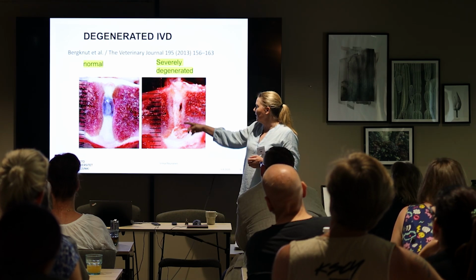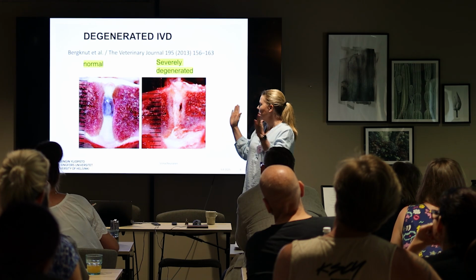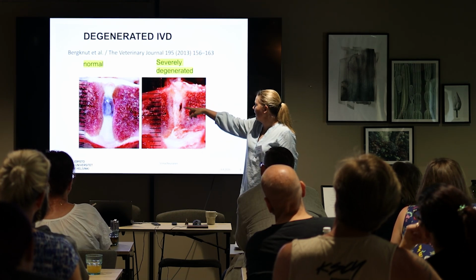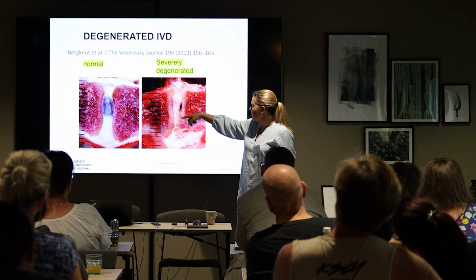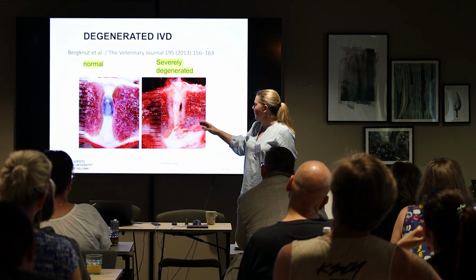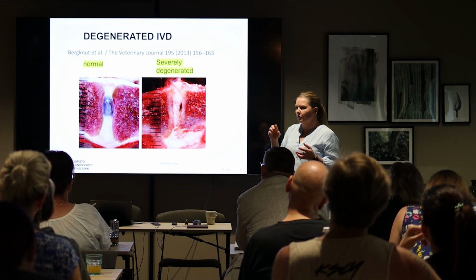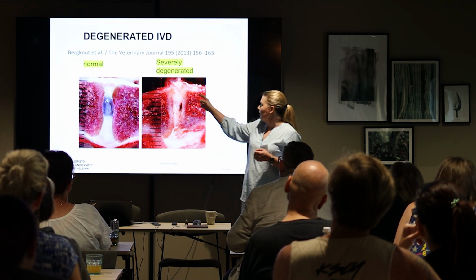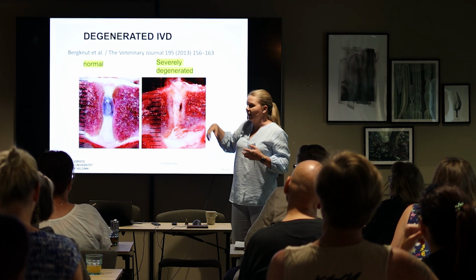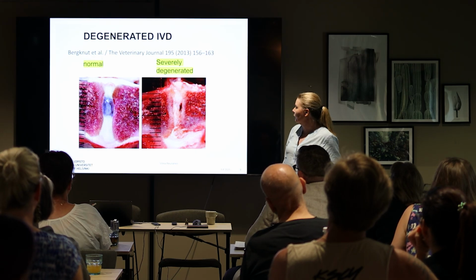And as you know, this structure is squeezed together, and the end plates are reacting, and we don't see the normal nucleus anymore. It's bulging here, and because the annulus, the fibrous tissue around the nucleus, is thinner up here, and here goes the spinal cord, when it extrudes, it goes towards the spinal cord.